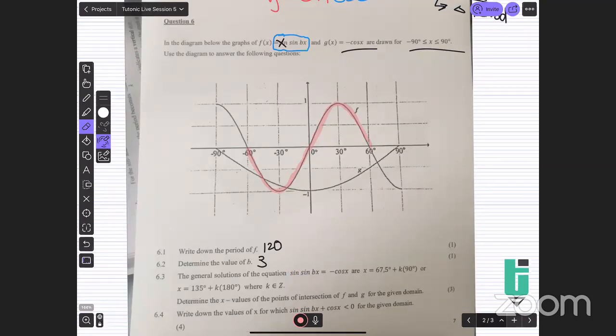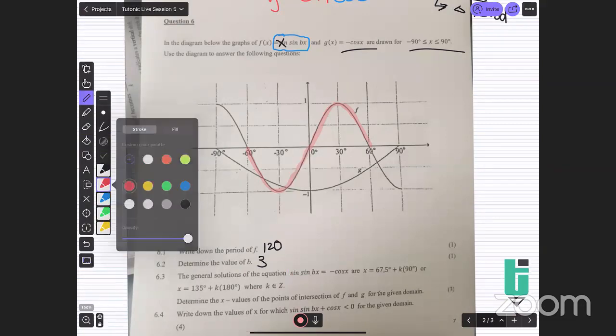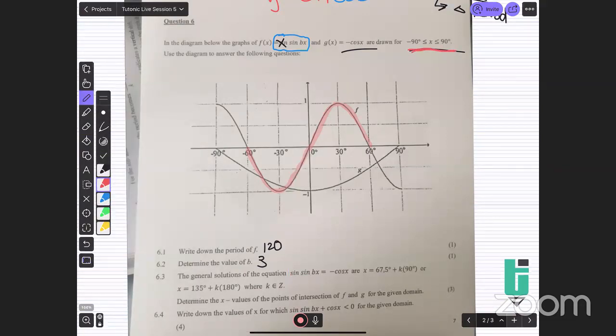How many intersections? Guys, how many intersections are there? In this domain only. Yes. So they tell you at the beginning of the question that the domain is only between minus 90 and 90. So there's 3. It's 3, right? You guys see that, right? It's 3.